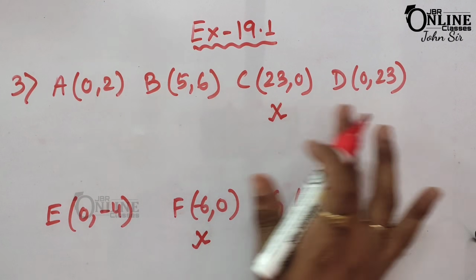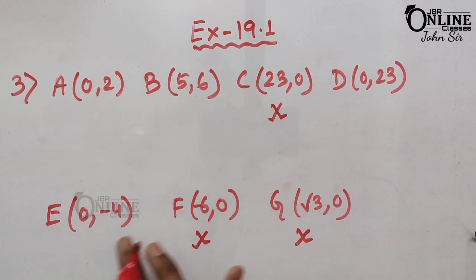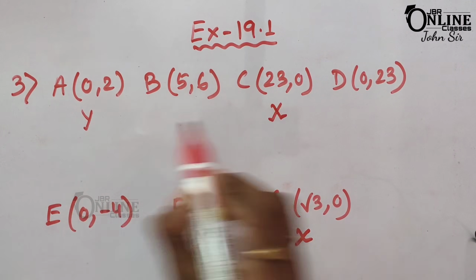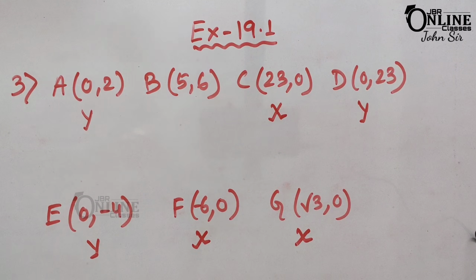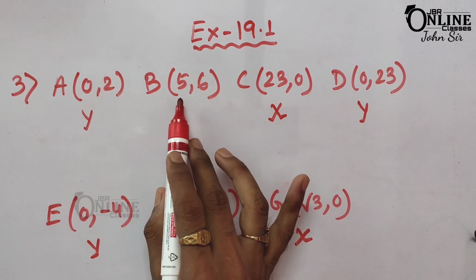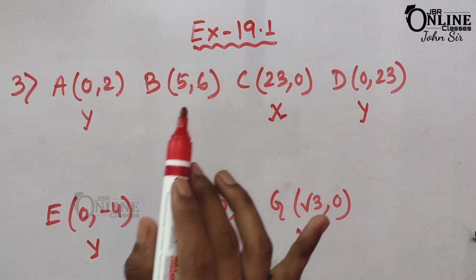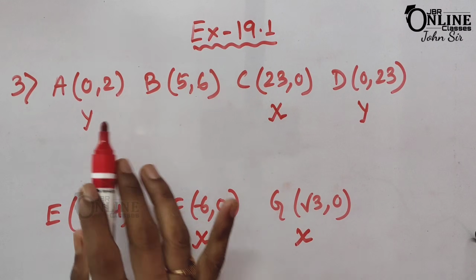And if the abscissa is 0, then these points lie on the y-axis. And where the abscissa and the ordinate are not equal to 0, that point never lies on the x-axis or the y-axis.